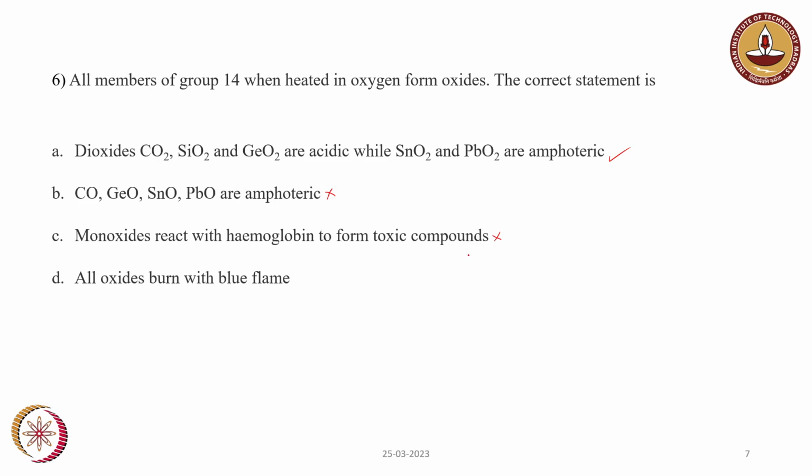So the O2 will not be able to bind to the iron for oxygen transport. So the statement is wrong. And option D is all oxides burn with blue flame. So the statement is incorrect because CO2 will not burn. It is formed after a complete burning of organic materials. So the correct answer is option A.